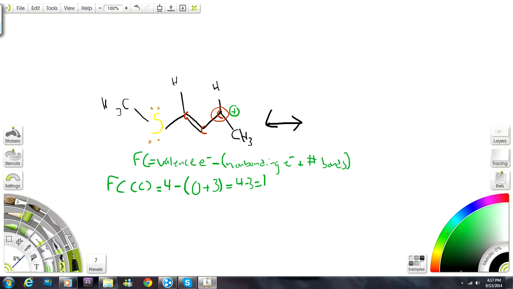So the electrons in this bond can go from there to there, and these lone pairs can go here. And then we have a structure that looks a little something like this.